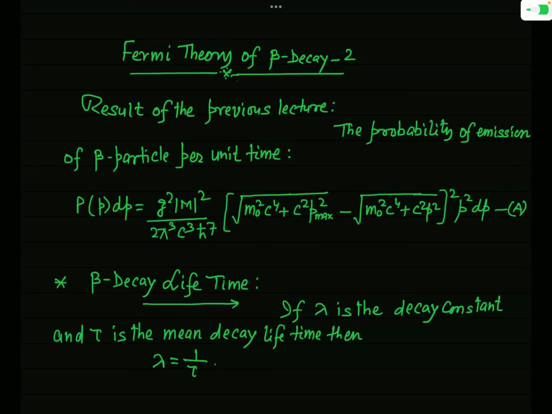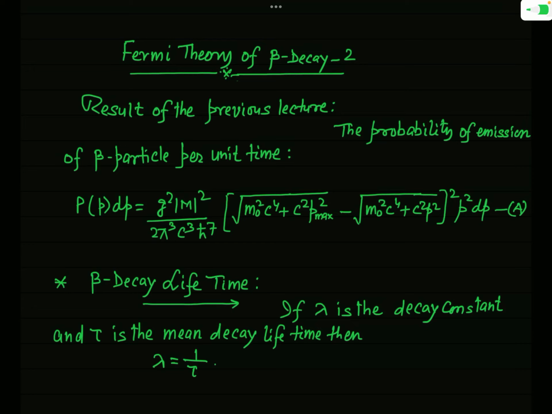In the first part of this lecture we arrived at a very important result, and that result is for the rate of probability of emission of beta particle from a nucleus. So I have mentioned here the result of the previous lecture.